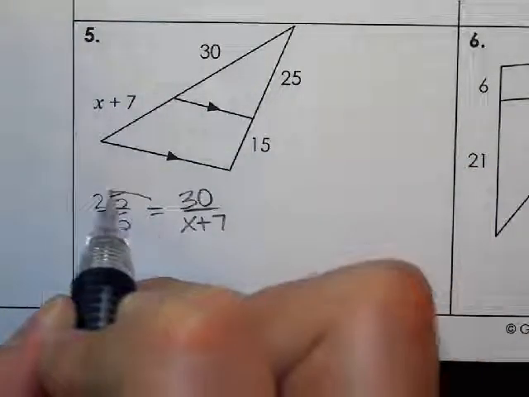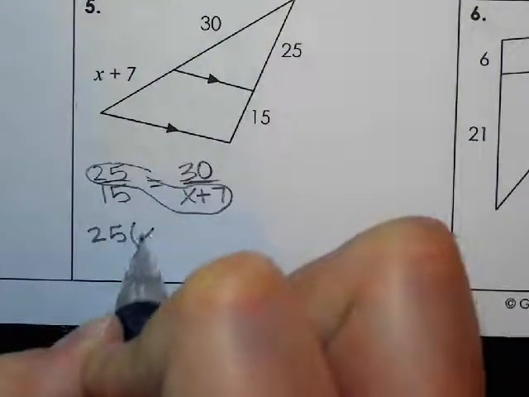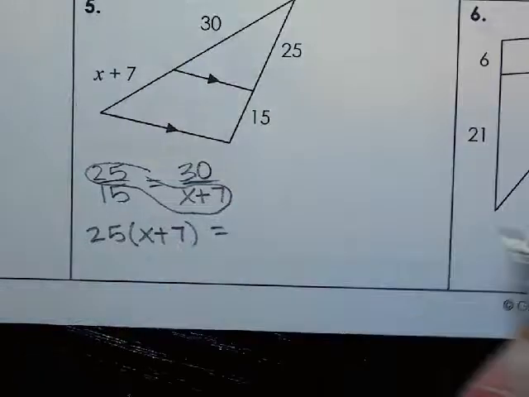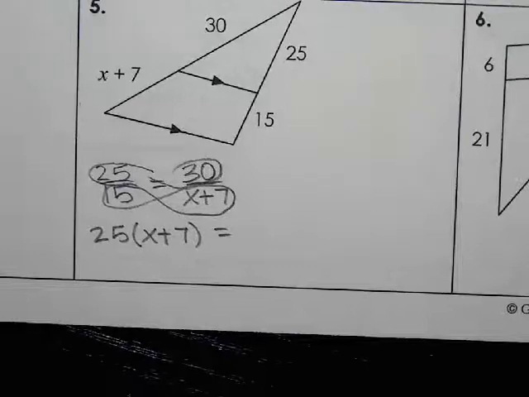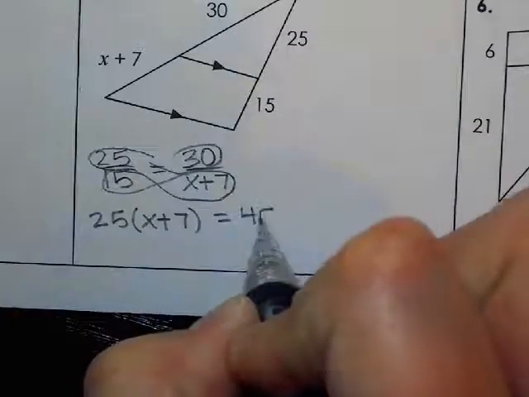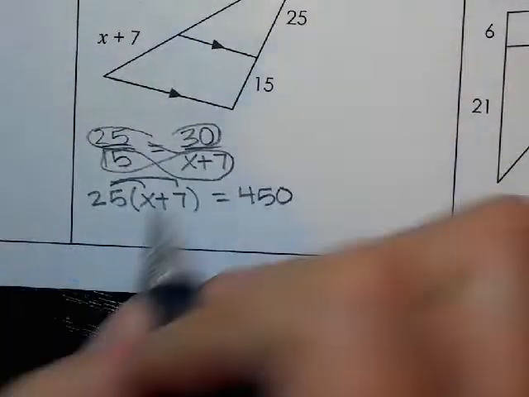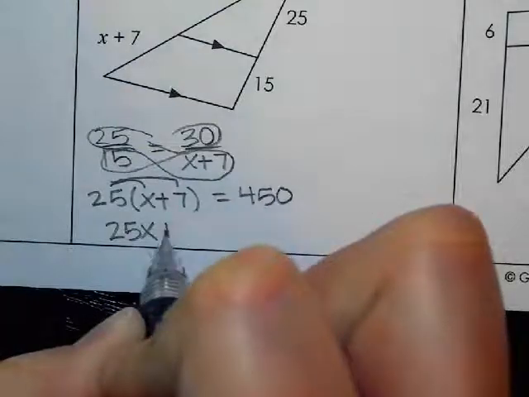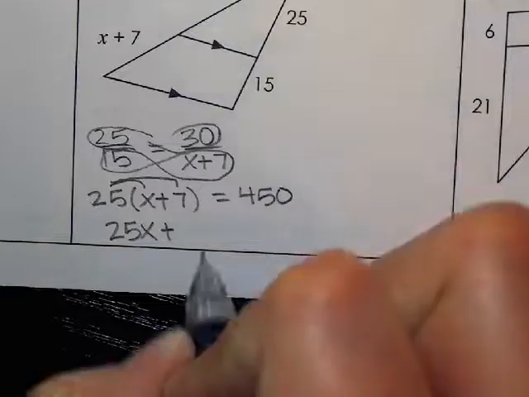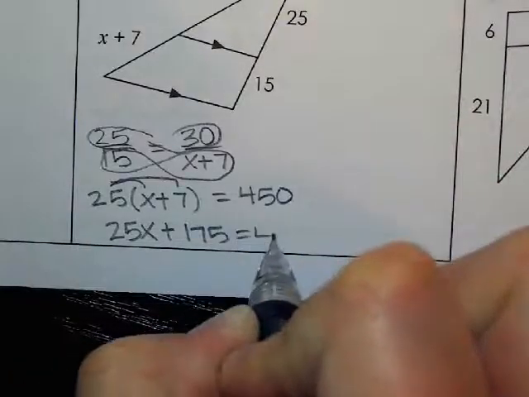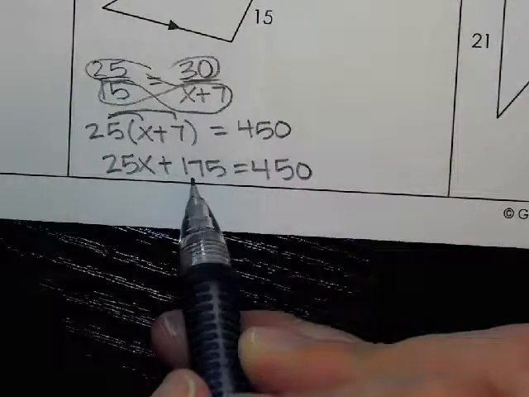When we do this one, our cross multiplication is going to use some distribution. So we'll distribute that. 25x plus, how much is 7 times 25? Okay, so 175. How much is 450 minus 175?